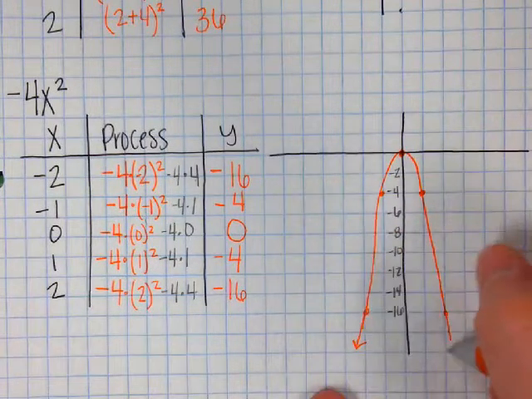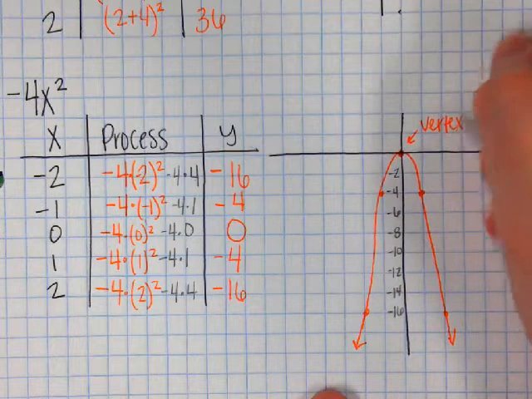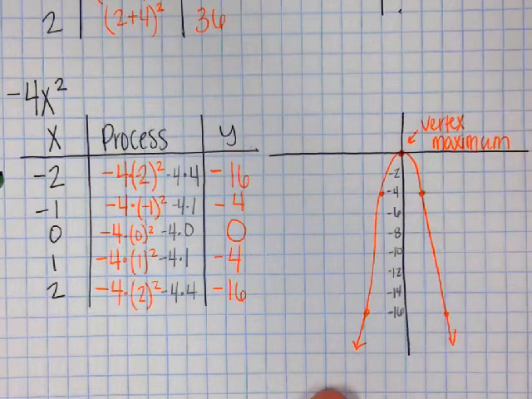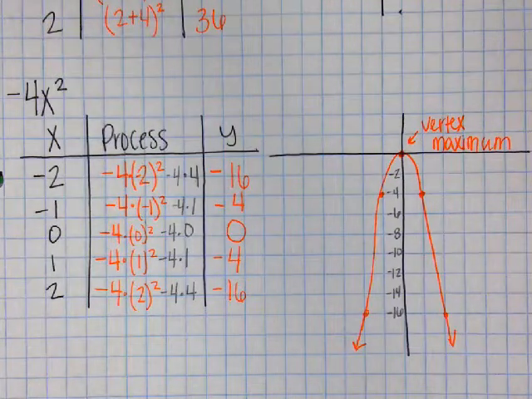So notice from the parent function, this one is, I guess you could call it flipped over. The vertex is still at 0, 0. It's just a maximum because it's a highest point instead of a lowest point, and it's just really skinny.